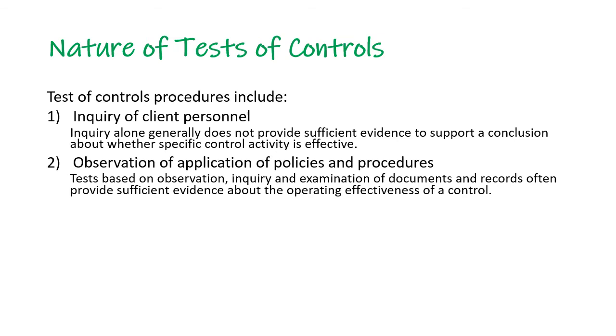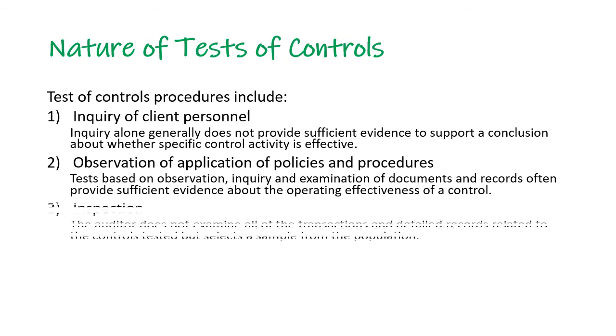You go to the area to see if they are really following the policies and procedures. So tests based on observation, inquiry, and examination of documents and records often provide sufficient evidence about the operating effectiveness of a control. So the inquiry, in combination with other procedures, can provide evidence.